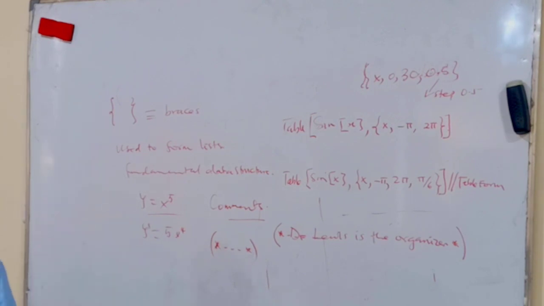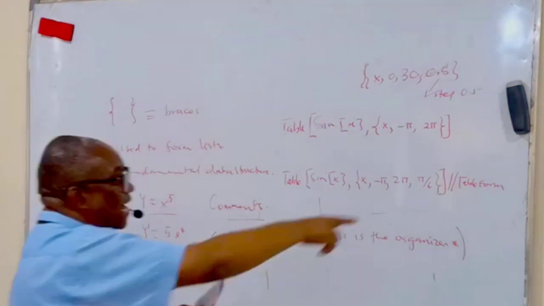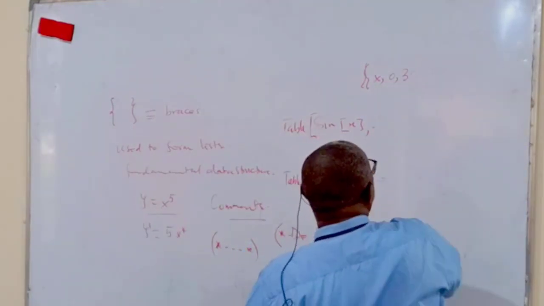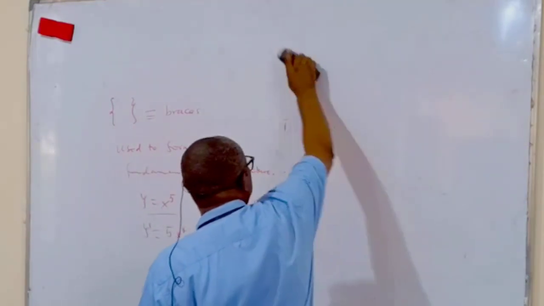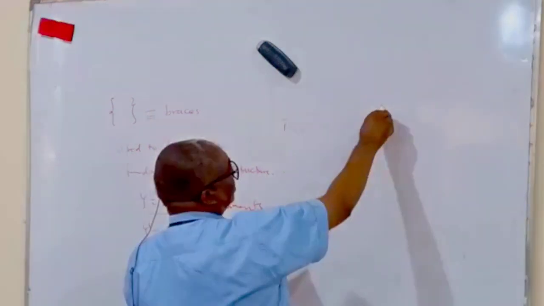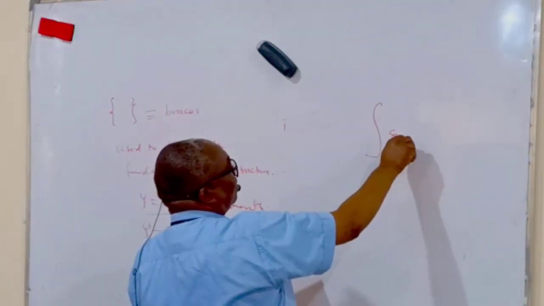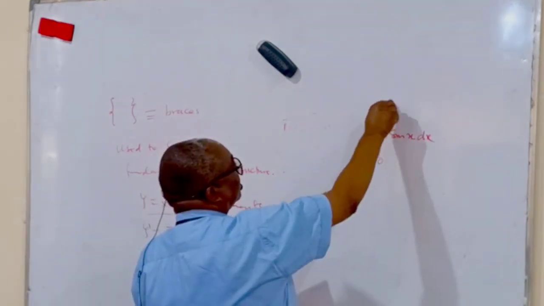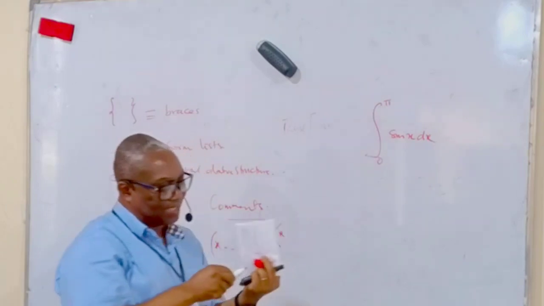Definite integral. So what I have in the second integral, that is input line 13, is telling me to integrate sine of x dx from 0 to pi. That is exactly what that stands for.